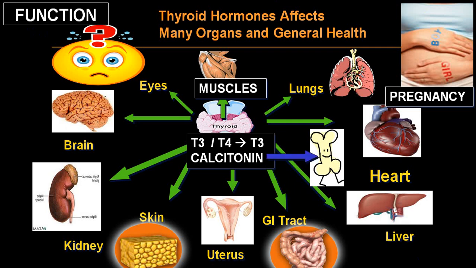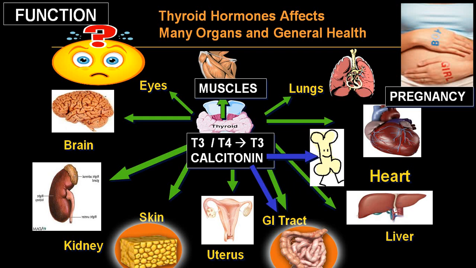Calcitonin will be the only hormone which will be acting on bone, where it will increase osteoblastic activity and decrease osteoclastic activity, and calcium will be shifted from blood into bone and will help in reducing the calcium level.